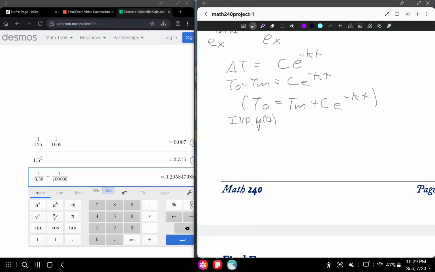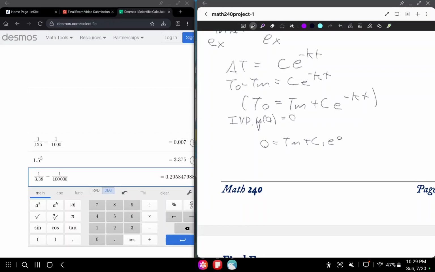So 0 equals 0, or T0 equals Tm plus C1 e to the 0.